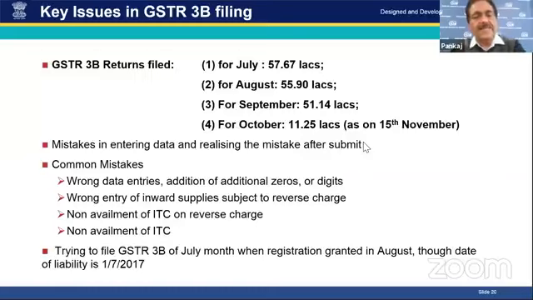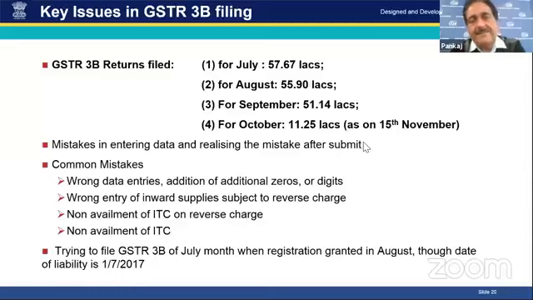Another issue is that the taxpayer has been issued the registration in the month of August, but in the normal category it is to be registered within 30 days of being liable for paying tax.